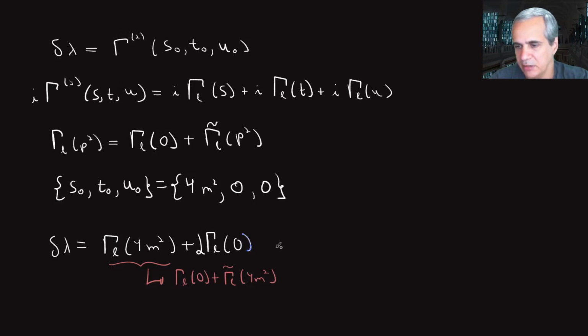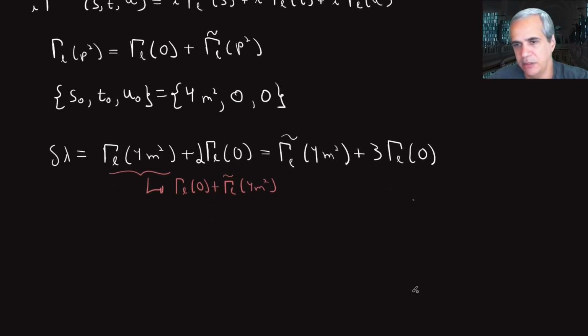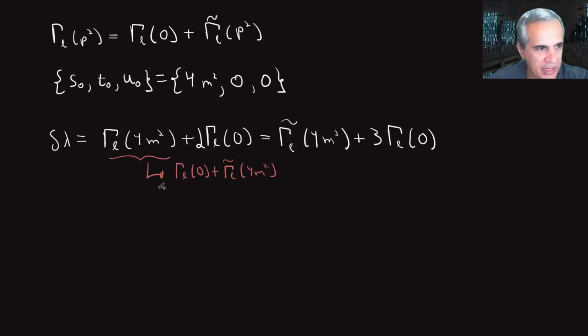And that means I can rewrite this guy as gamma L tilde of 4m squared plus 3 gamma L of 0, right?